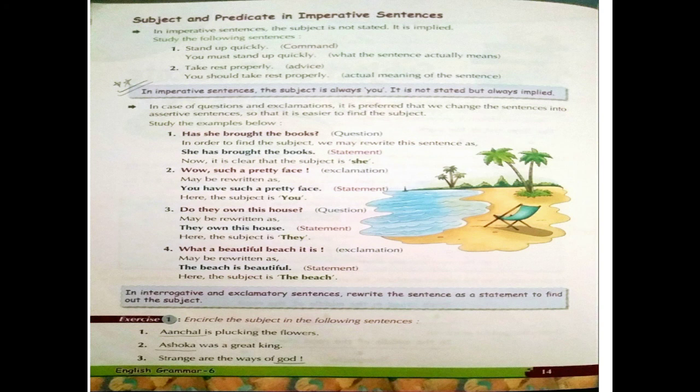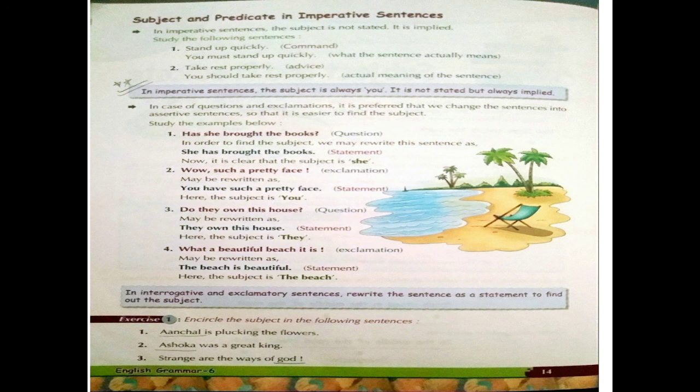In case of questions and exclamations, it is preferred that we change the sentences into assertive sentences so that it is easier to find the subject. In the previous class, we have learned how to transform sentences. Now, assertive sentences are also known as declarative sentences, which give us information about something.